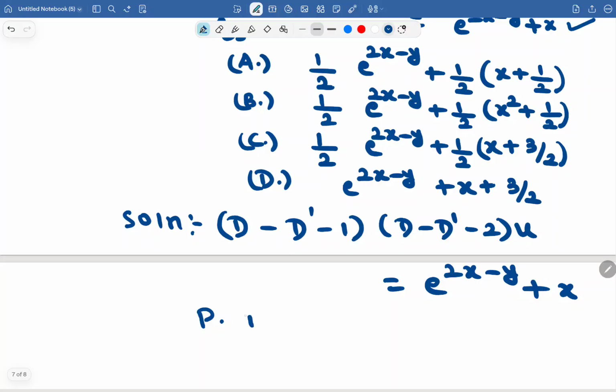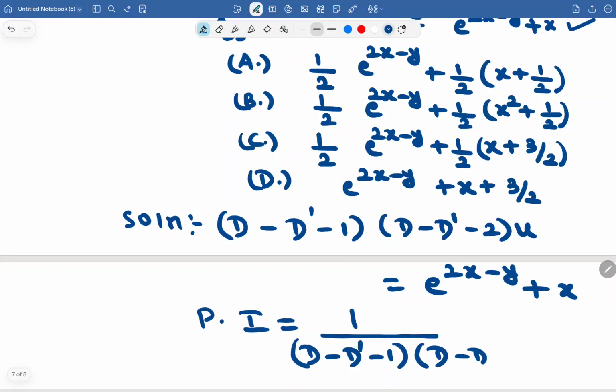For finding PI, 1/((D − D' − 1)(D − D' − 2)) of e^(2x−y) + x.